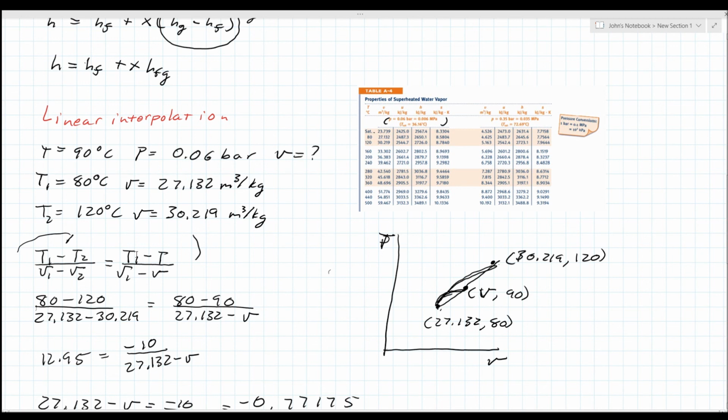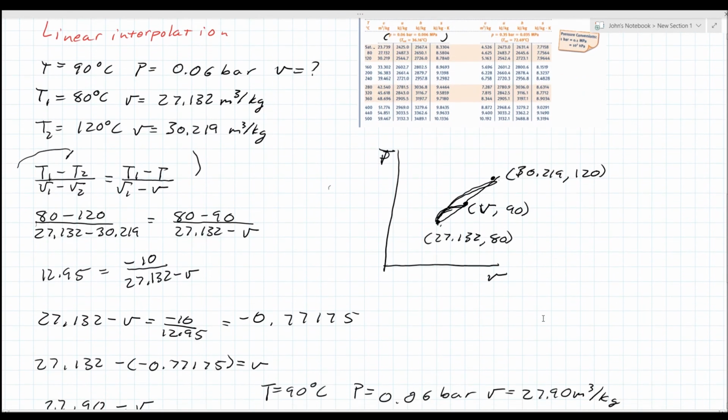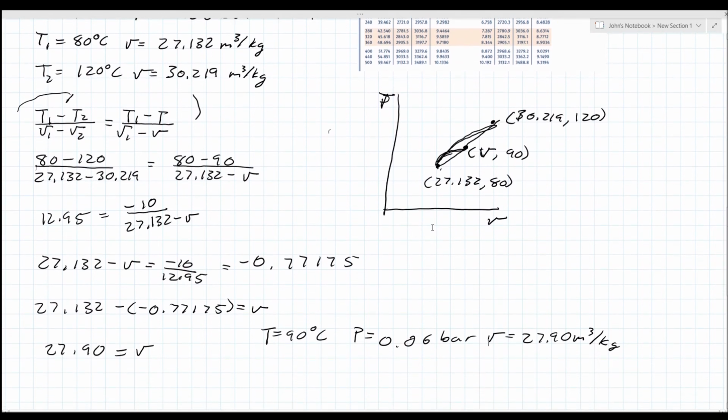Rinse and repeat for when you're at 120 degrees Celsius, and then do this process again a third time to find your specific volume at 90 degrees, 0.2 bar. So this just gets messy, but it follows the exact same process.